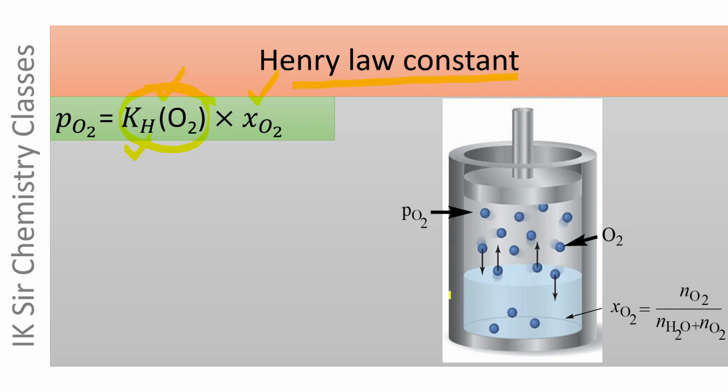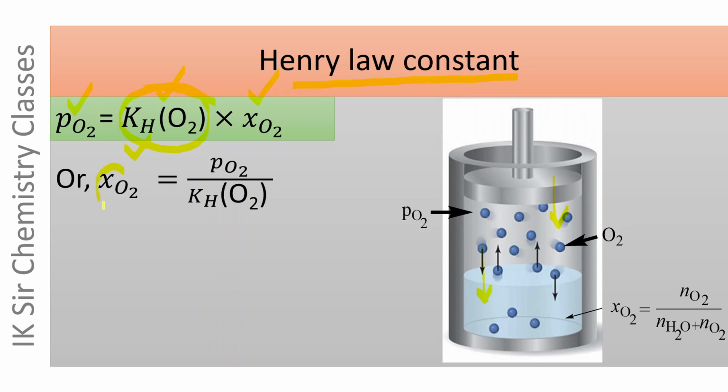As the pressure of oxygen increases, greater amount of oxygen will dissolve in water and the value of DO increases. It means the value of DO is directly proportional to the partial pressure of O2 gas.